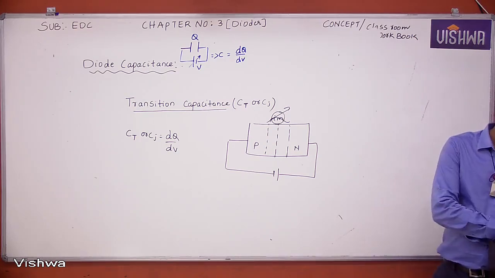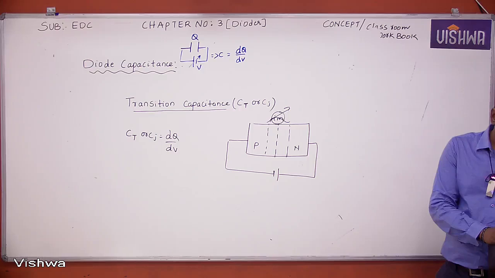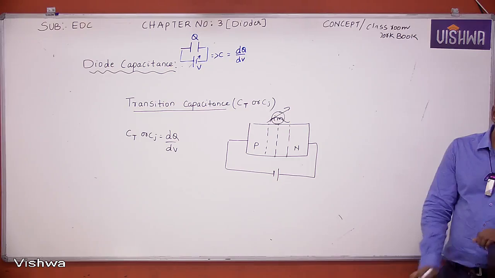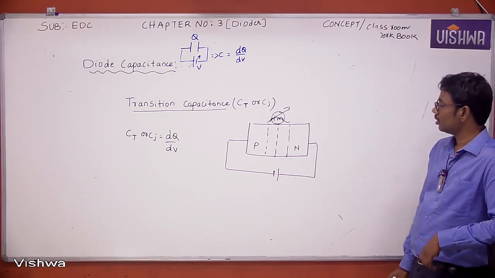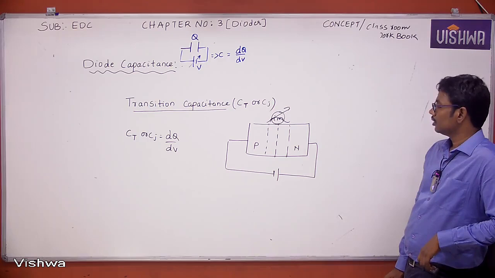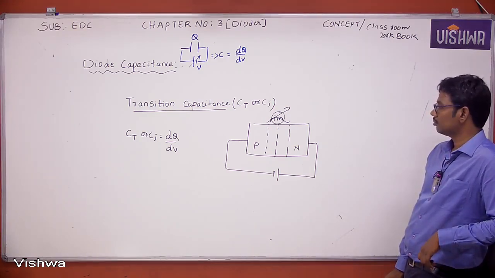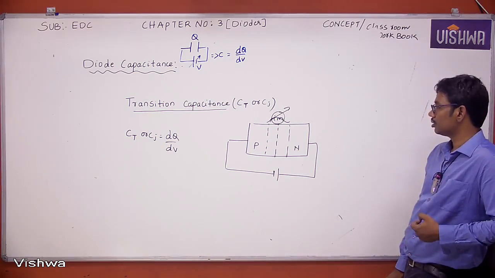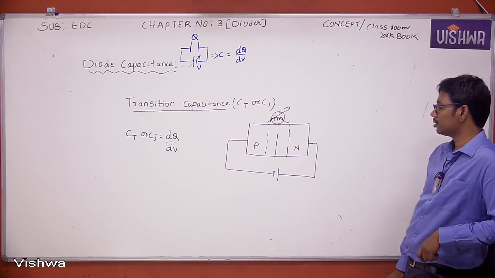Right? That is, CT or CJ is equal to dq by dV, where dq is the change in immobile charge and dV is the change in applied reverse voltage.